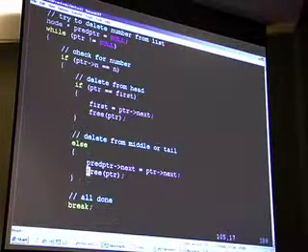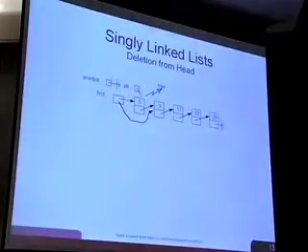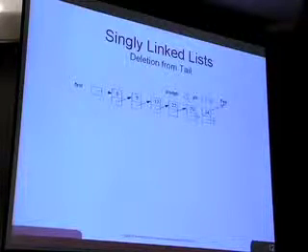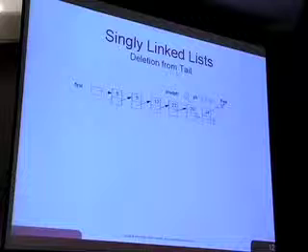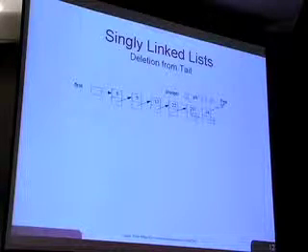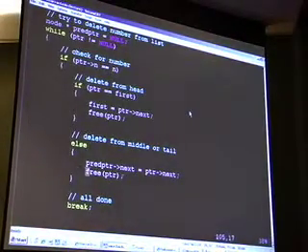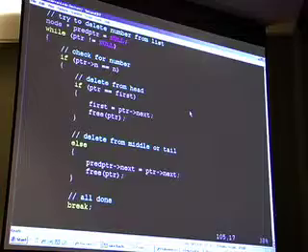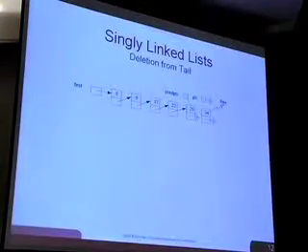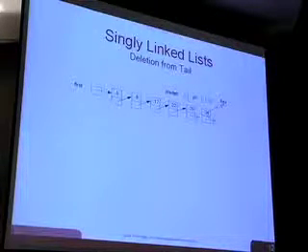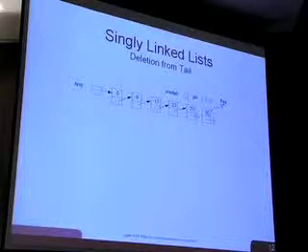Well, it turns out that those cases aren't all that different. So if the thing happens to be at the tail, remember that our goal was to take the current node and do what with it? What do we need to do to actually remove an element if it's at the tail? So at this point in the story, pred pointer, as this slide suggests, is pointing at 29, and PTR happens to be pointing at 34. Because again, the scenario in question is the thing is at the tail of the linked list.